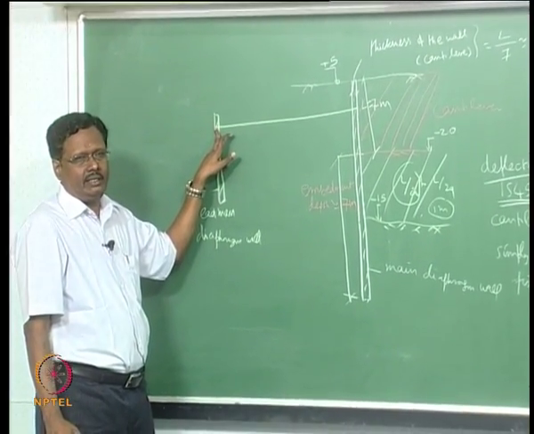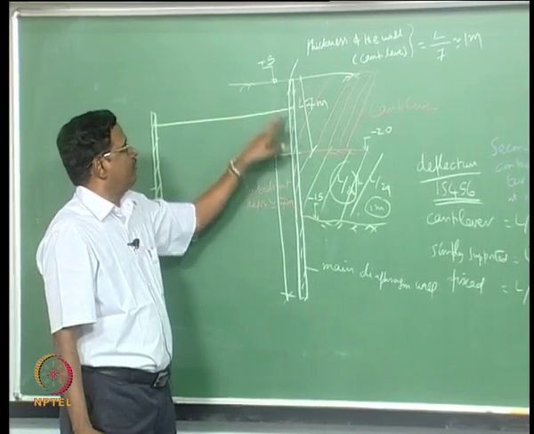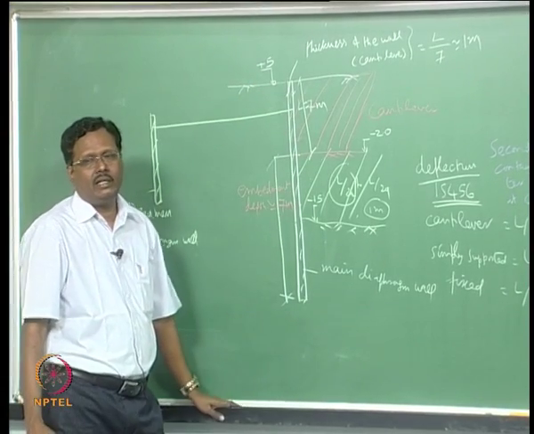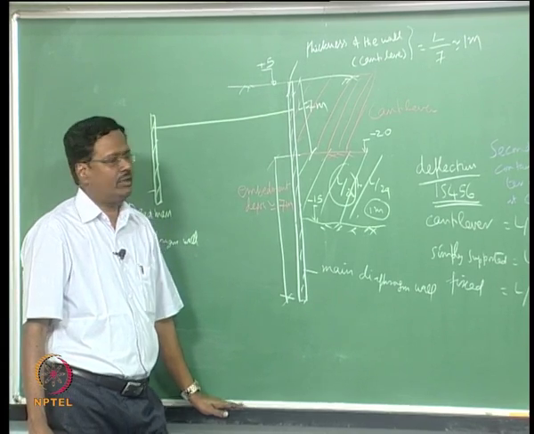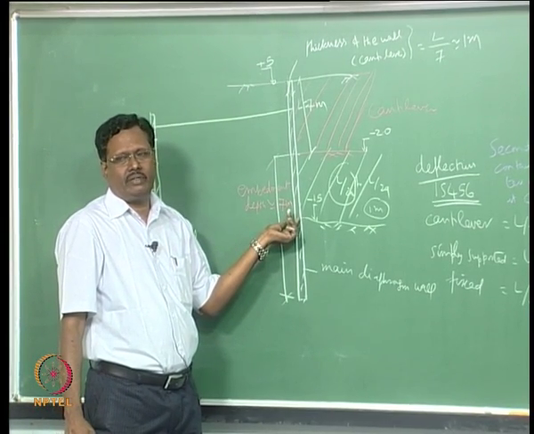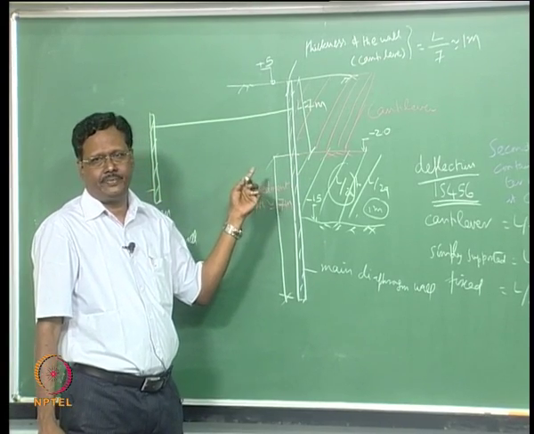Is it clear? If you do not do it for cantilever, this minus 15 plus 5, 20 meter, 20 by 7 is how much? 20 by 7, close to 3 meter. If you want to provide this as a cantilever, you have to provide 3 meter thickness, it is very difficult to do, that is why you go for a tie back system, right.